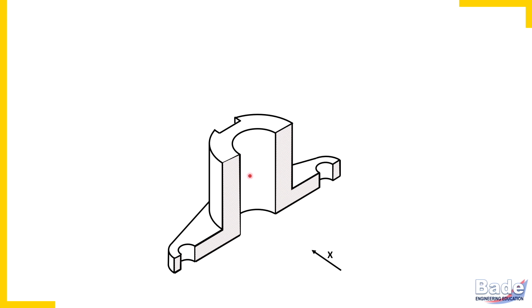When you cut an object, a fresh surface gets created. That surface is a section. Some hidden details get exposed because of cutting. For example, this hole gets cut and therefore the inner surface of the hole is revealed now in the sectional view.